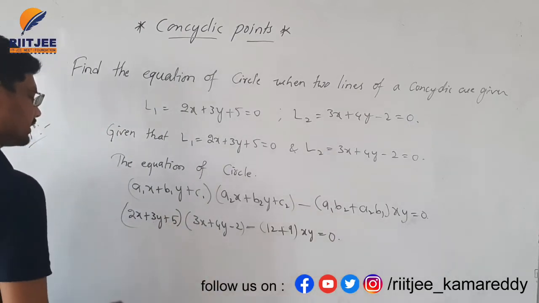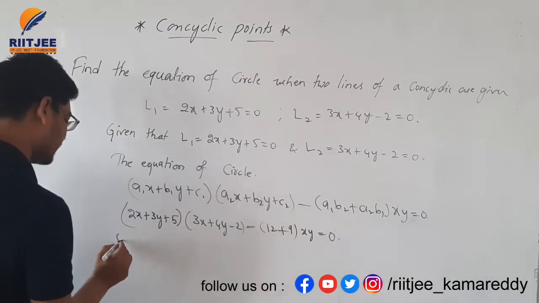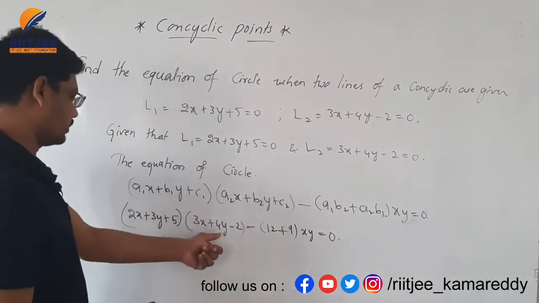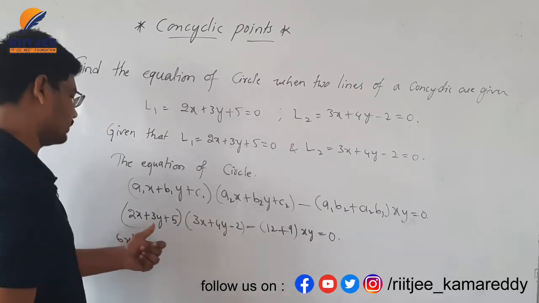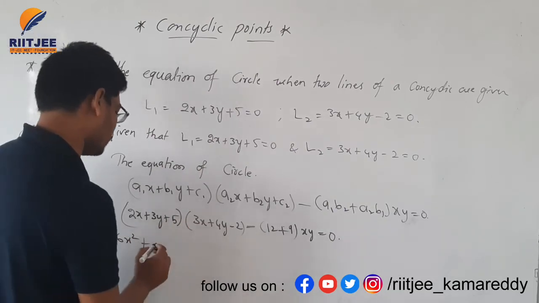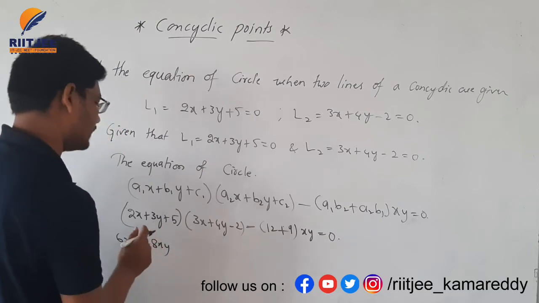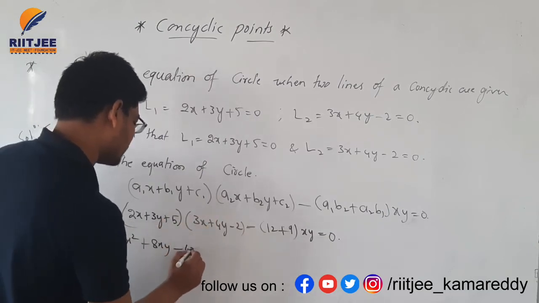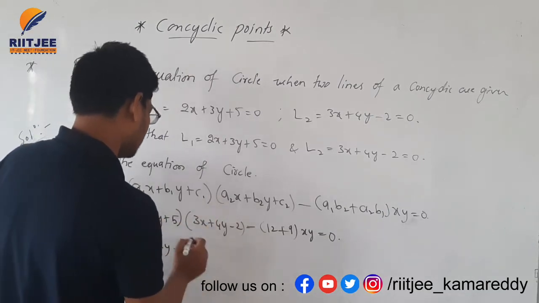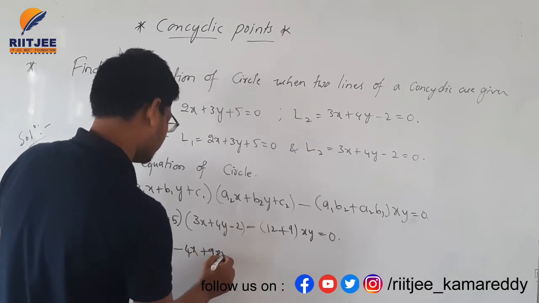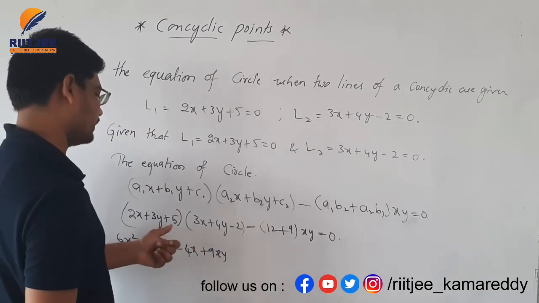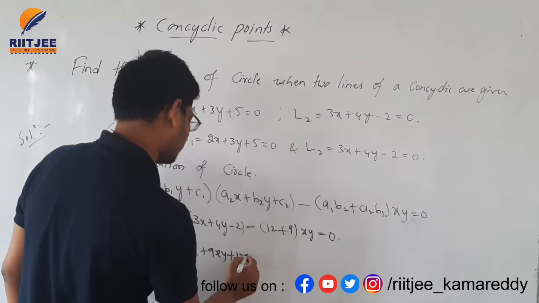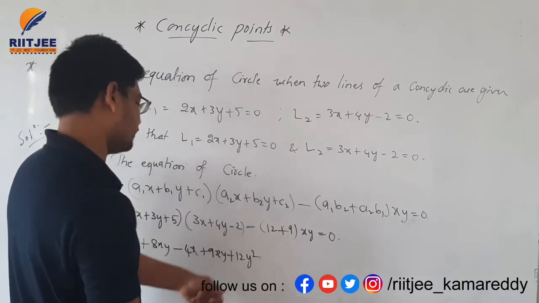Let's multiply the terms here. 2 into 3 is 6x square. Next, 2 4 8xy, and minus 4x, and 3 3 9xy, and 3 4 12y square, and minus 6y.